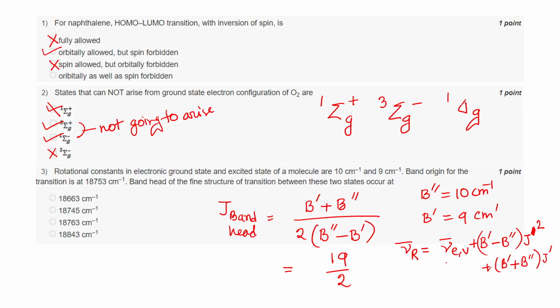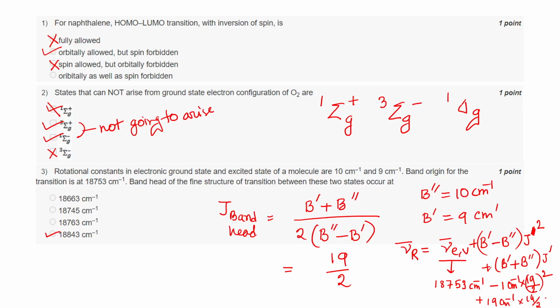This is your band origin, right? So that is 18,753 minus B centimeter inverse. Then B dash minus B double dash is going to be minus 1 centimeter inverse into 19 by 2 whole square, plus 19 centimeter inverse into 19 by 2. When you do that, I think you are going to arrive at the fourth option.